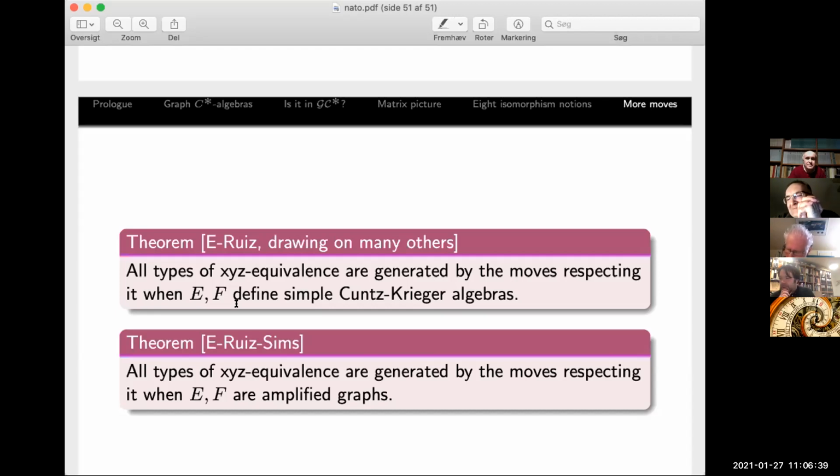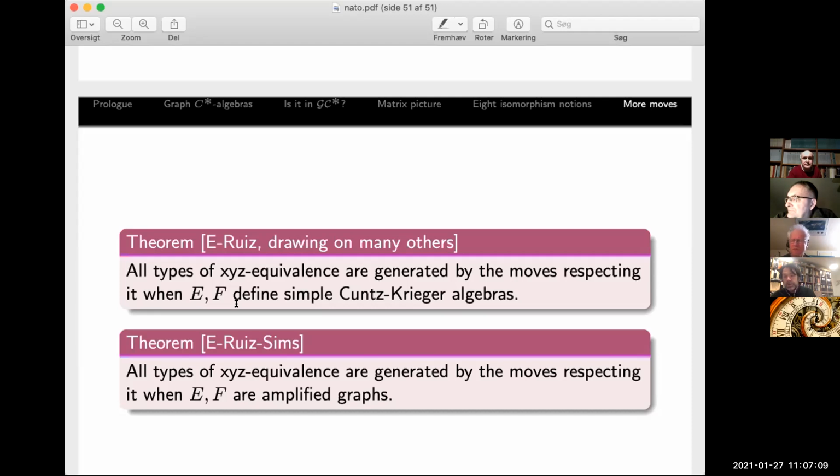I agree. That sounds very interesting. I mean, I'm not even sure this is an answer to your question, but of course there's a similar question that has to do with isomorphisms on a graph C-star algebra, that you're asking if they somehow come from moves, for instance. Yeah, for instance, yes. This is one of the problems that we have in order to deal with infinite emitters, is that we don't know.